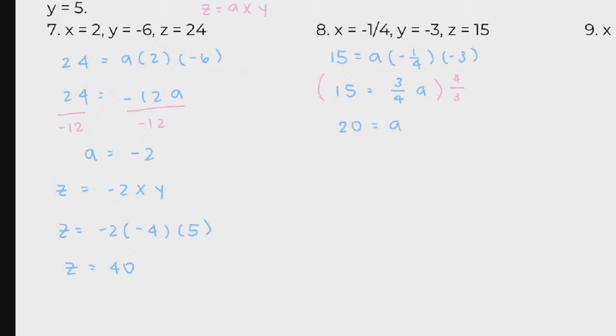So that means a equals 20. And the equation is going to be z equals 20xy. Now we want to find z when x is negative 4 and y is 5. So then we get negative 400.